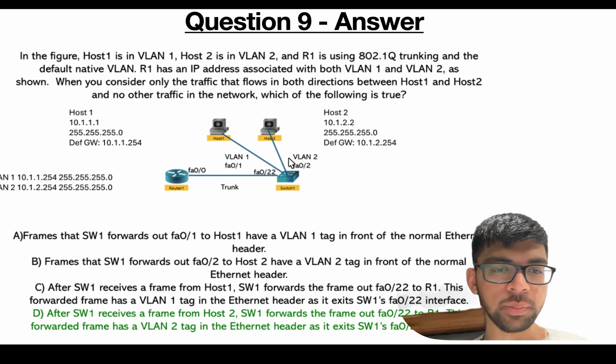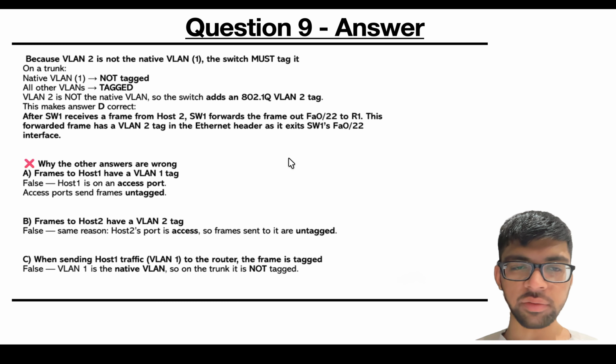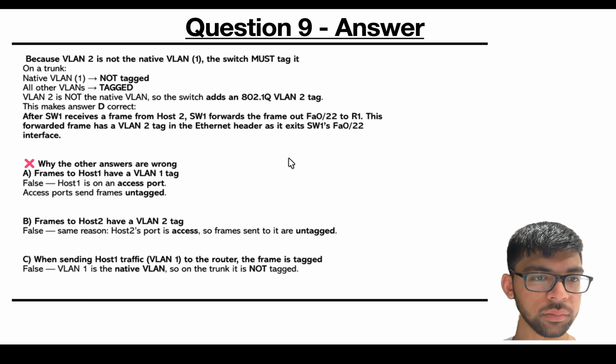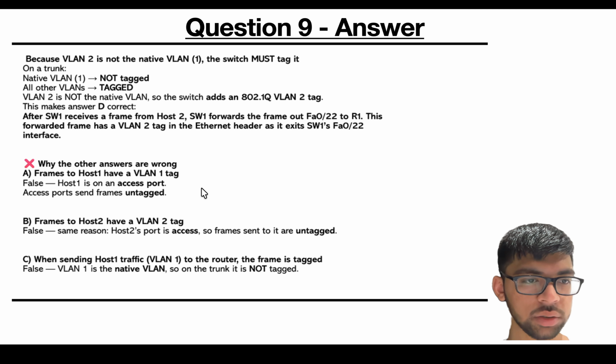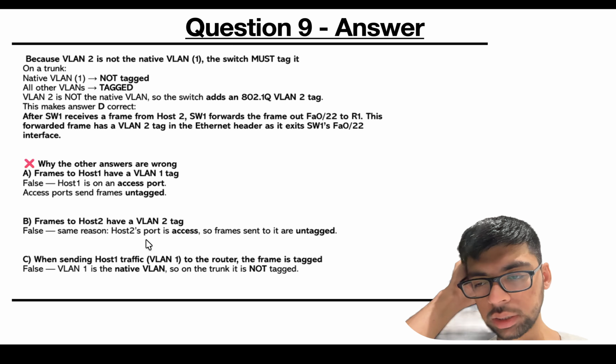Those both are access ports. We're not going to use those ports. Those ports aren't going to be forwarding. So that is an access port. Host 1 is an access port. Host 2, this port is an access port. So frames that are sent to it won't be tagged.